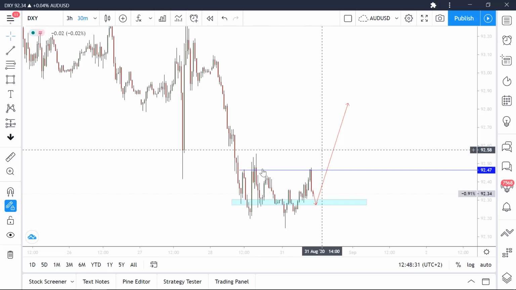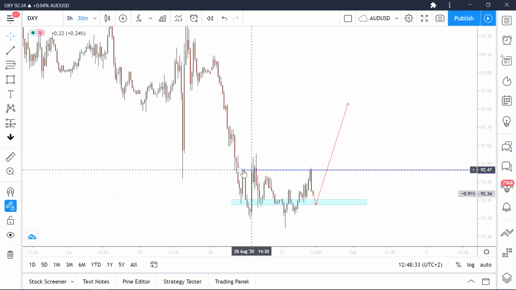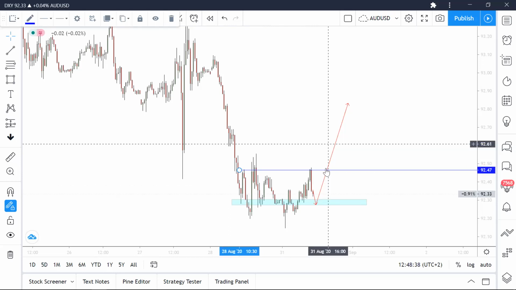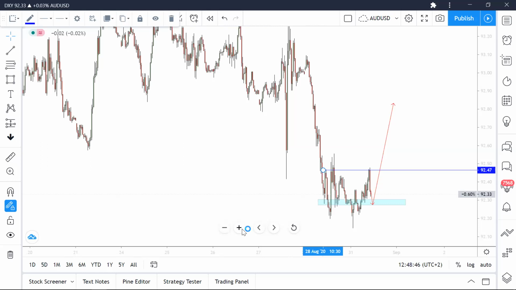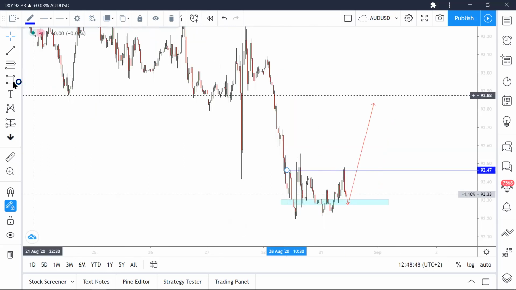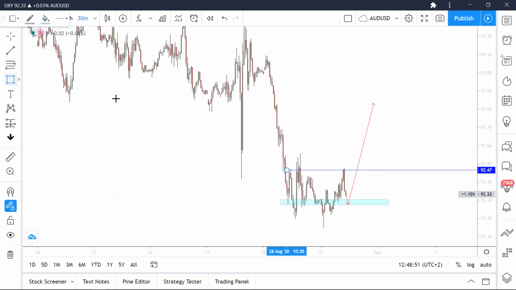We have this blue resistance line here. We could be looking for a break and retest of that resistance, and then some potential further upside. Now, as to how far price will go up once it has bounced off that support, at this moment, I'm not so sure.